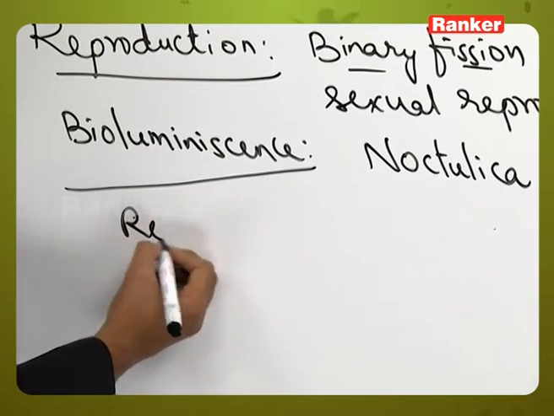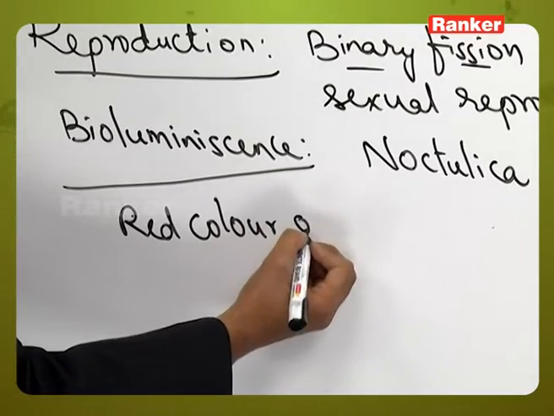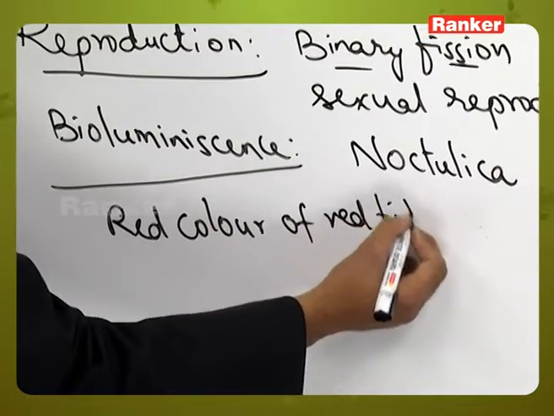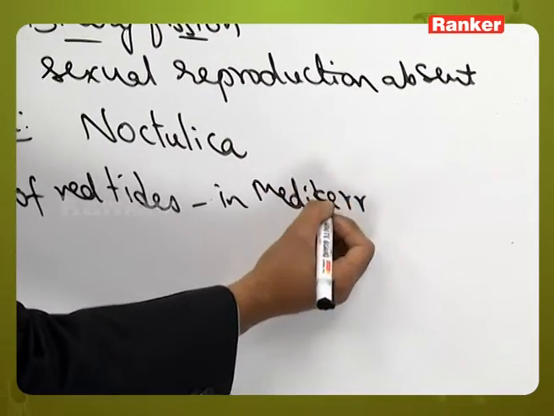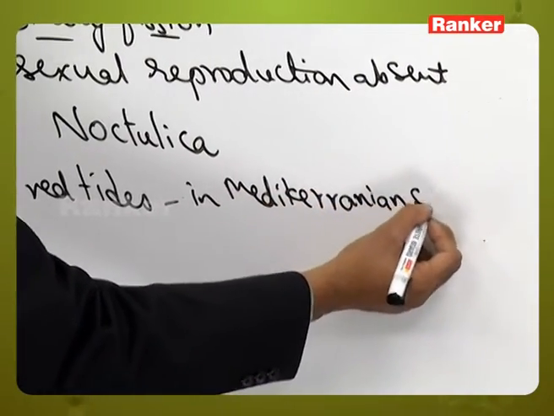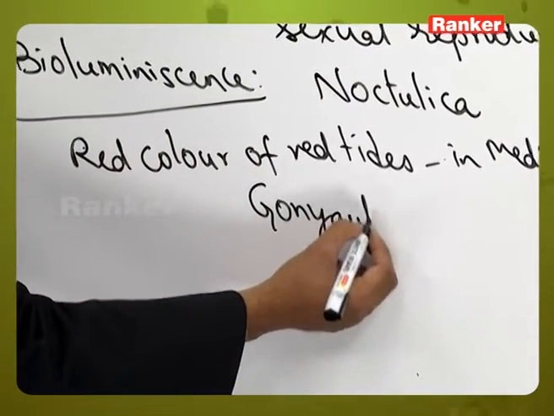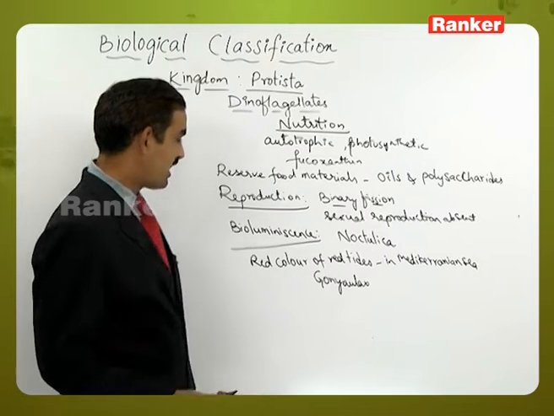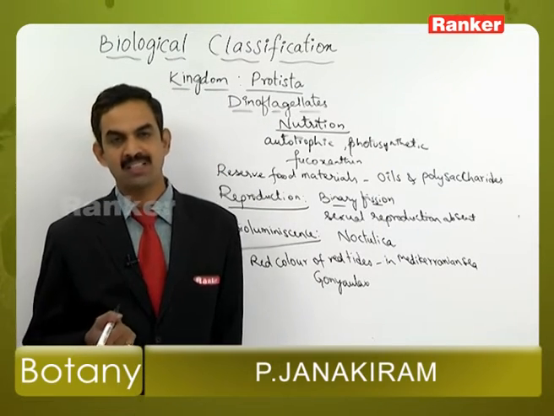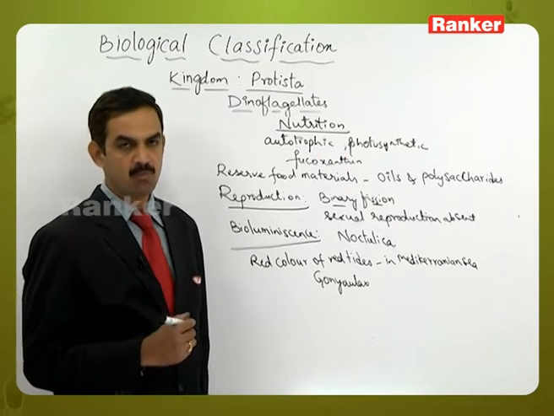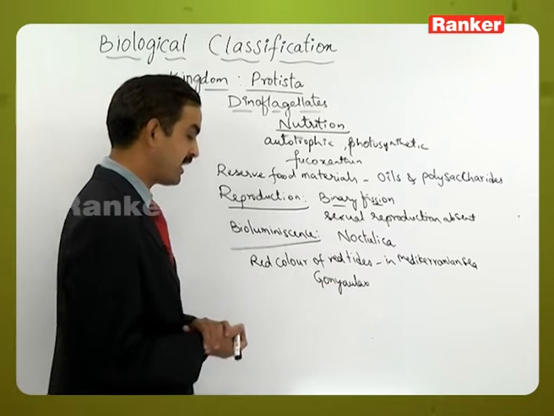They also provide red color to the red tides in the Mediterranean Sea. This property is exhibited by Gonyaulax. They provide red color to the red tides of the Mediterranean Sea because of the dominance of the red color pigment when compared to the normal chlorophyll pigments.